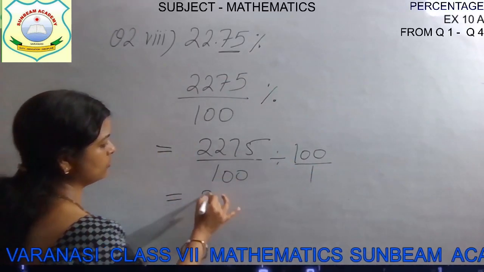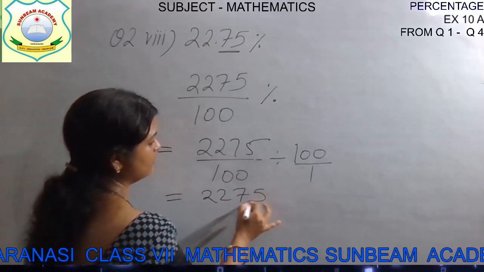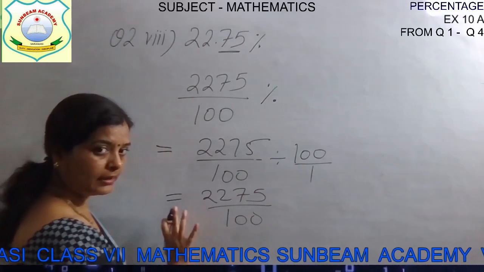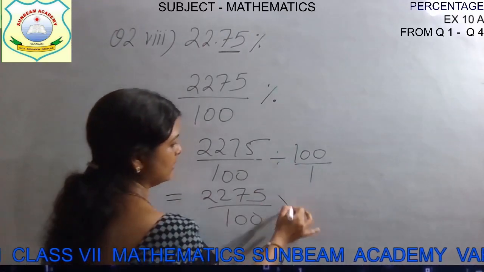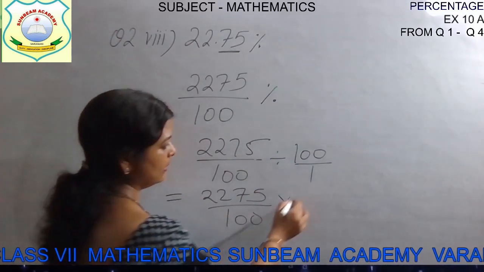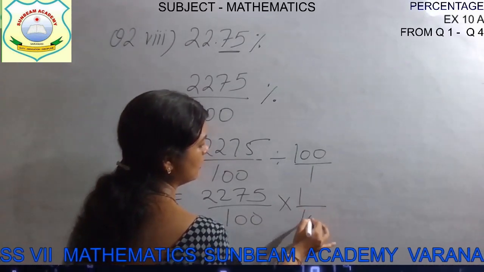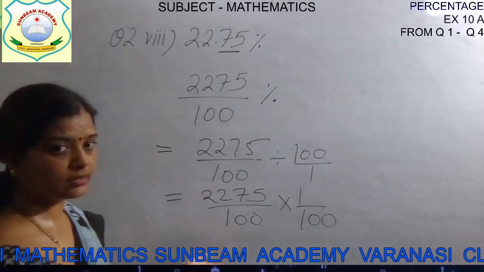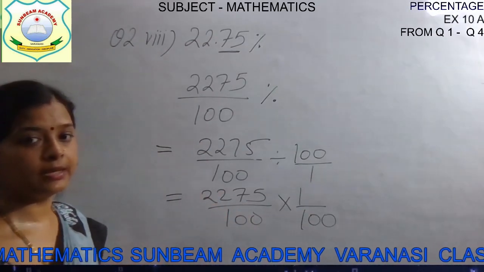Now you know how to simplify the fraction in this form. Write down the first fraction as it is, divide will change into multiply, and 1 upon 100. Now the next step, children, is to simplify it.